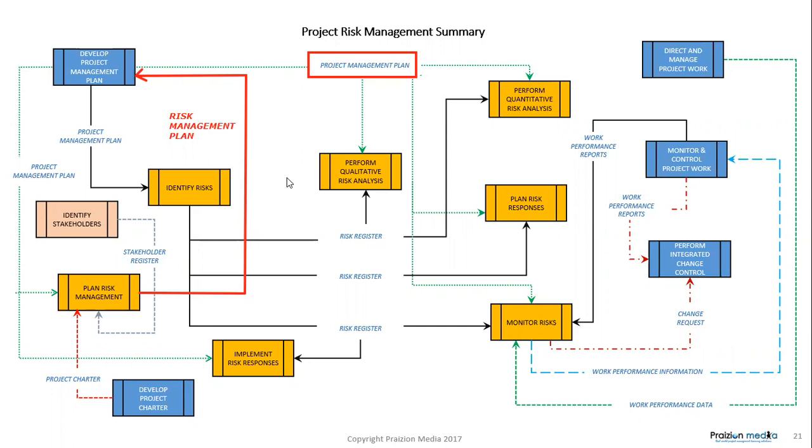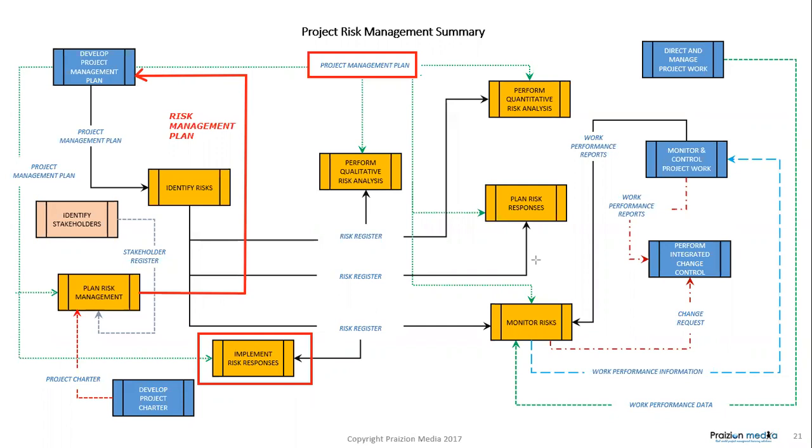Now, when you get to implement risk responses, what you should understand is these responses are either going to make their way into some sort of schedule or backlog so that you can implement those responses as tasks. That is not shown here. Also remember that some of these risk responses could necessitate changes.